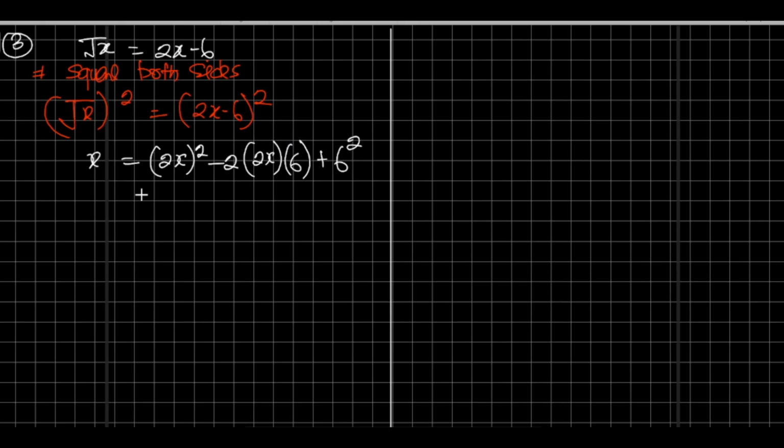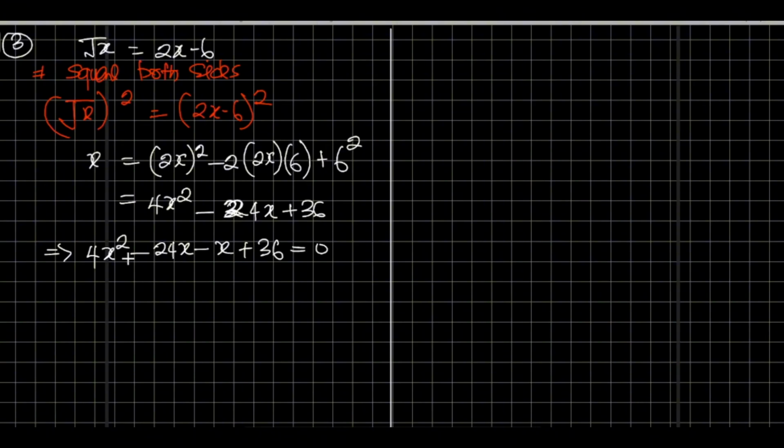okay? And then if we simplify this, we have 4x squared minus 2 times 2, 4. 4 times 6 is 24, 24x plus 36. So if we collect like terms, we have 4x squared minus 24x minus x plus 36 equals 0.